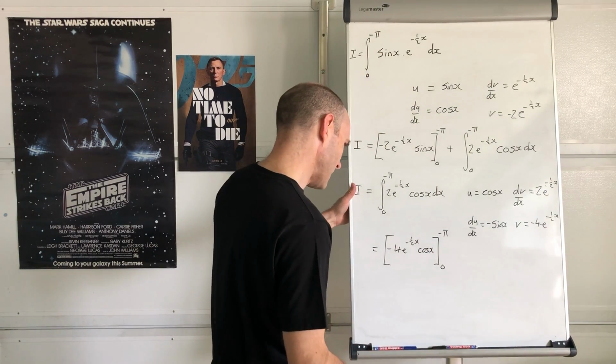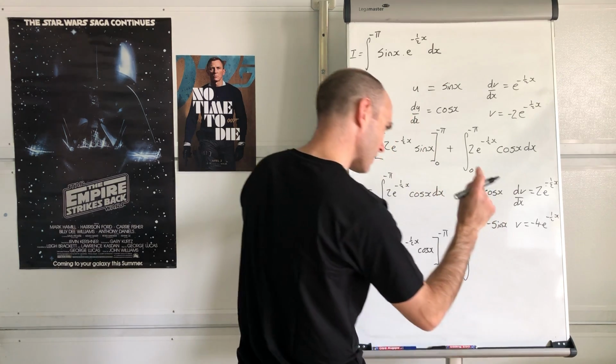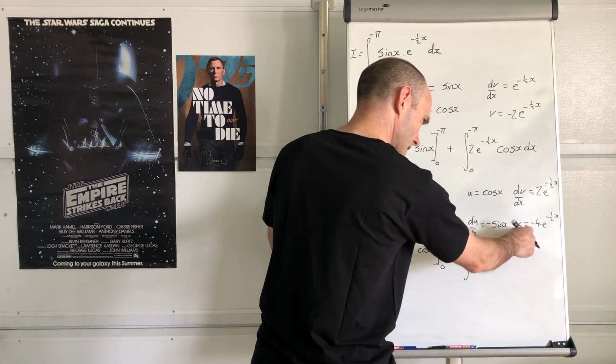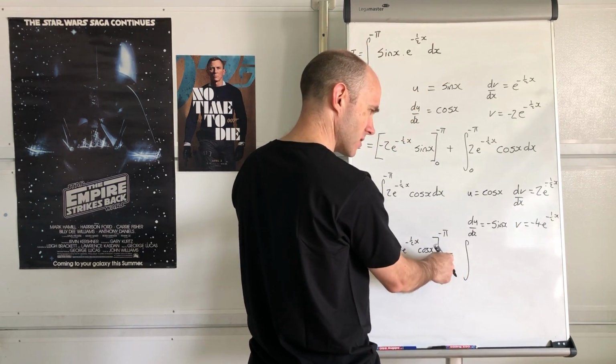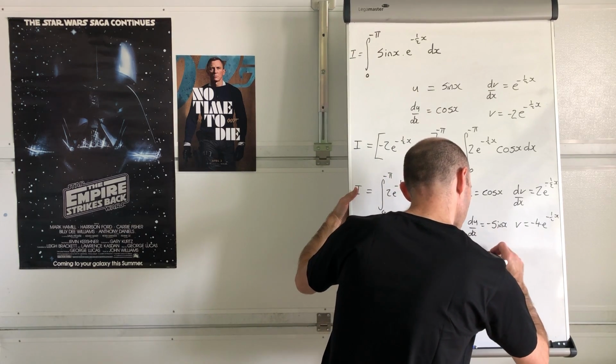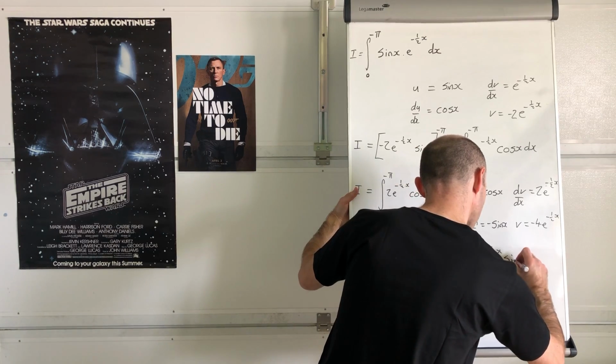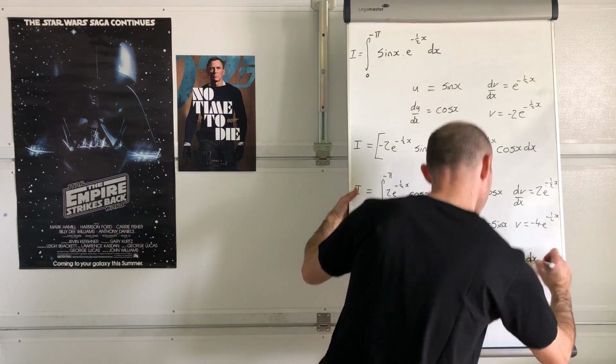And that's going to be subtract integral of v du dx, so negative times negative, that's positive, that stays as subtract, and that's going to be 4 e to the negative half x sine x dx.